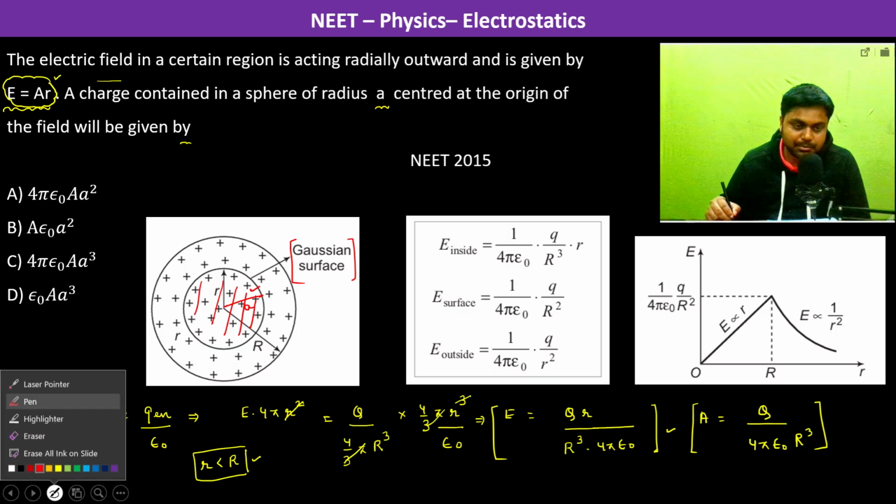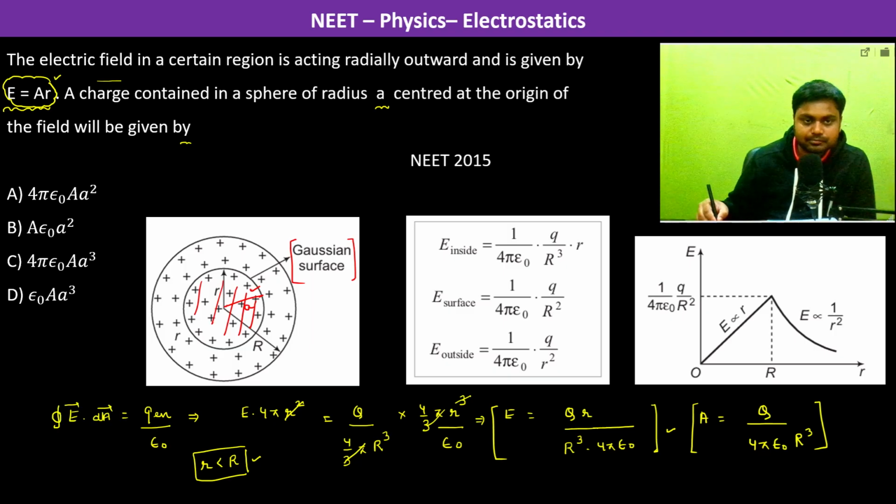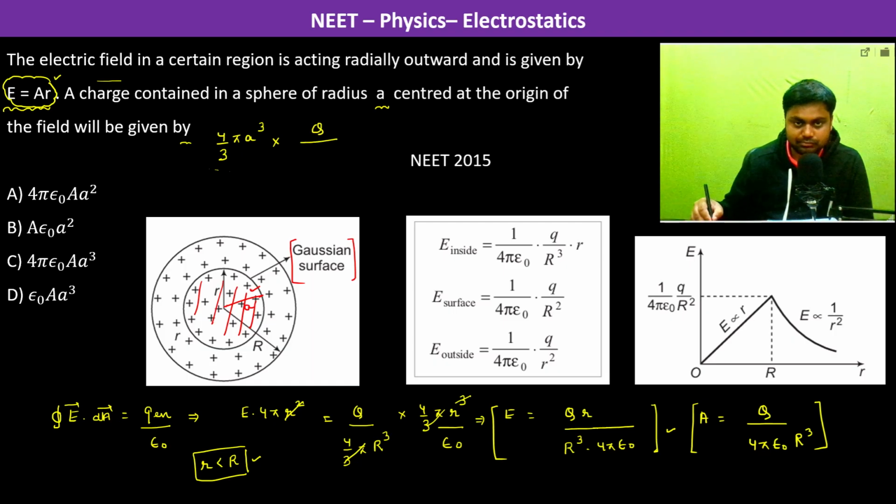The charge will be 4 by 3 pi into a cubed, into whatever the entire charge we had considered, Q, by 4 by 3 pi R cubed.